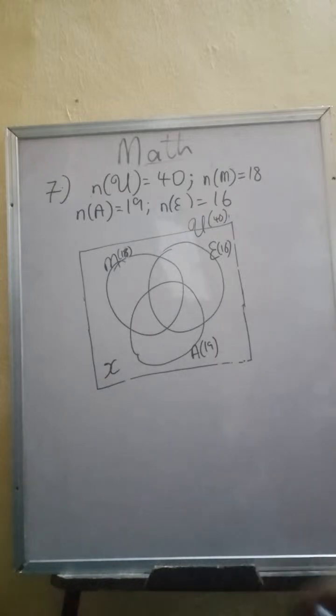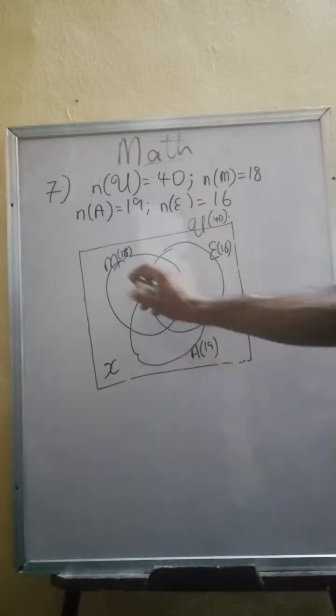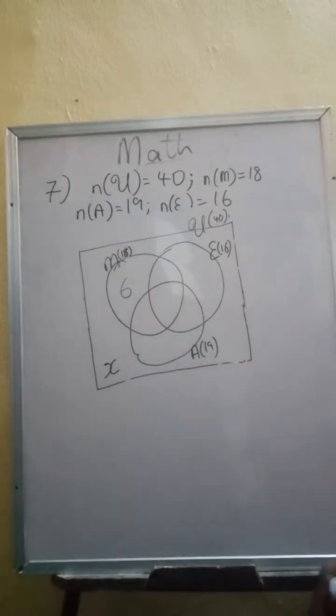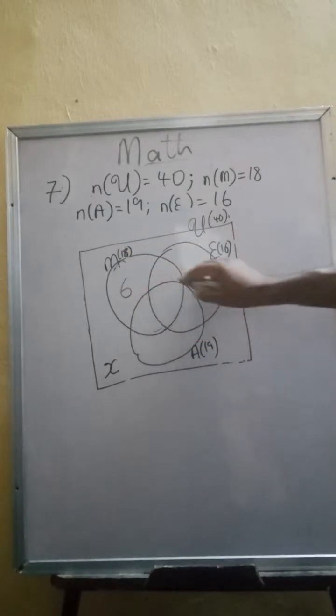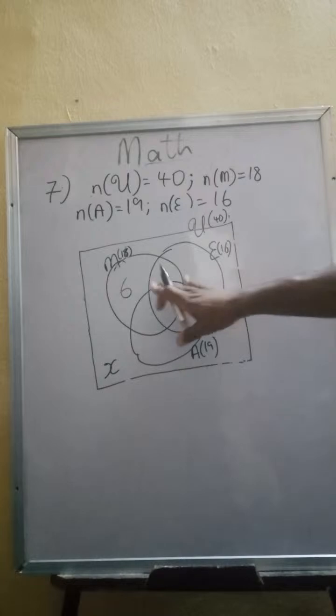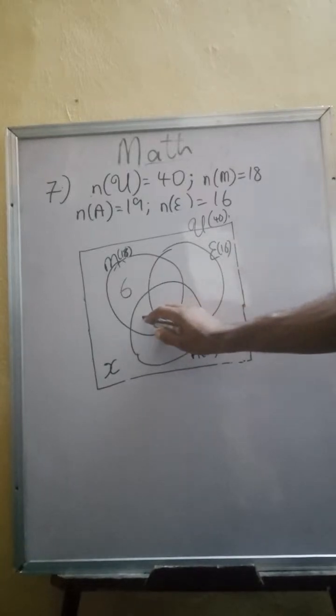Now, from the question, it says 6 passed maths only. That comes here. It says 5 passed maths and economics and accounting only. So maths and accounting, this overlap is for maths and accounting, and they said only. So that means it comes here.